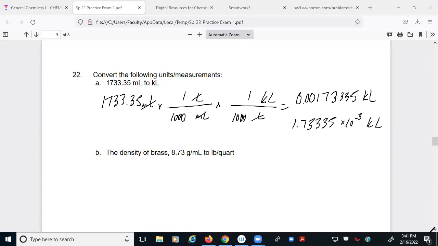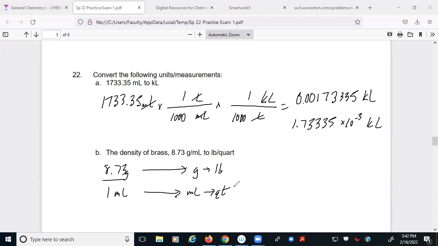Now, the tough part in B is we've got a unit that is a combination of units. There are 2 ways to go about this kind of conversion. We can do the all-in-one string, where we start with 8.73 grams over 1 milliliter. And then we go through the process of converting the grams into pounds and the milliliters into quarts.